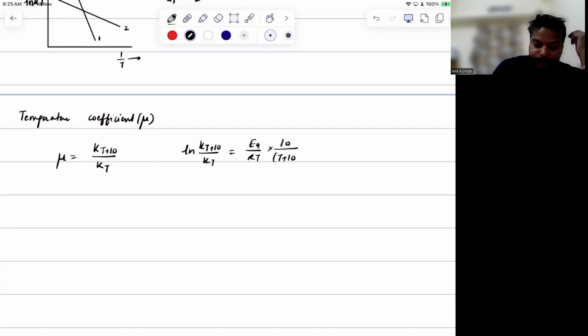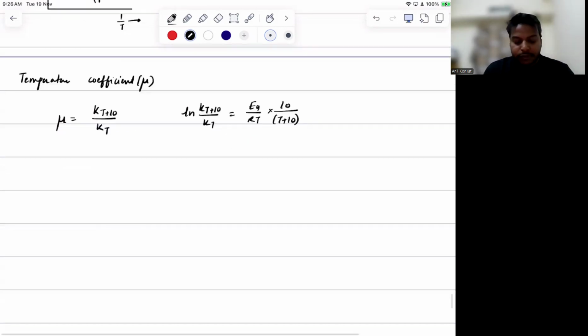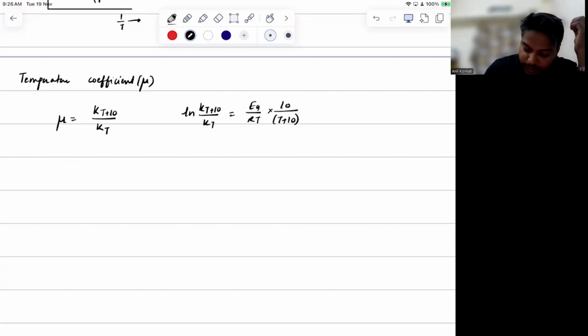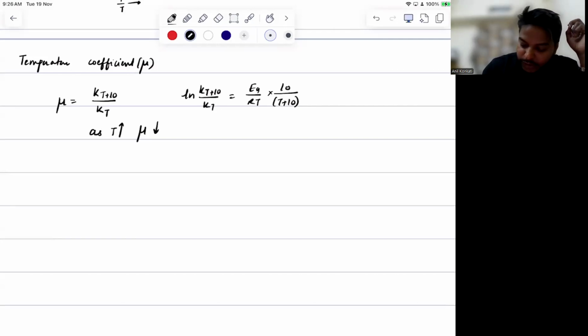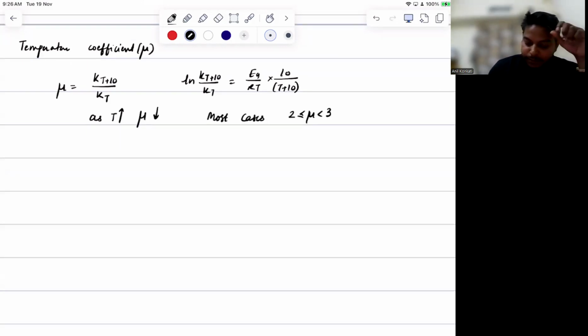Got it? As temperature increases, the mu value will decrease. Typically, in most cases, mu lies between 2 and 3, that is, 2 is less than mu and mu is less than 3. This is the range in which it will remain.